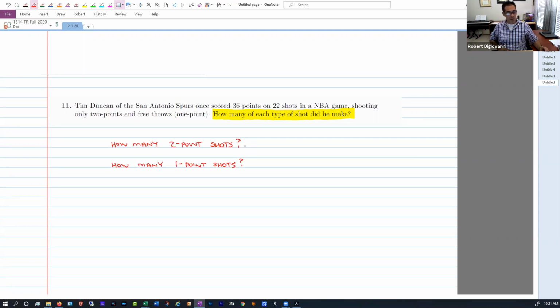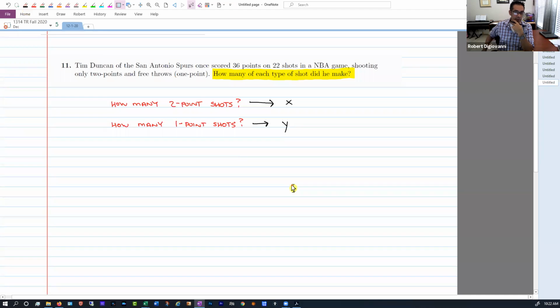Yes? So if there's two things that we need to figure out here, why don't we call this X and call that Y? X is the number of 2-point shots he makes, and Y is the number of 1-point shots he makes. Now, if that's the case, can somebody tell me what one equation I could set up? There's something very important about these two numbers here.